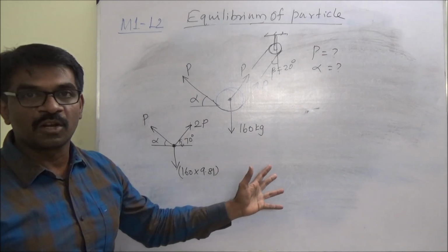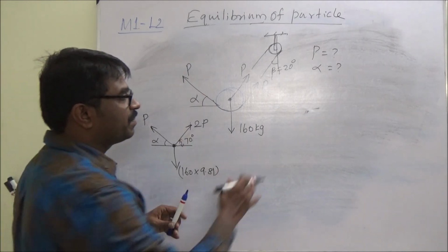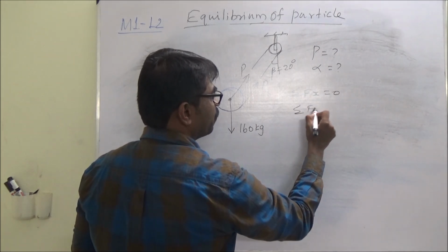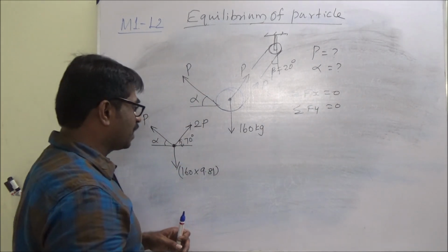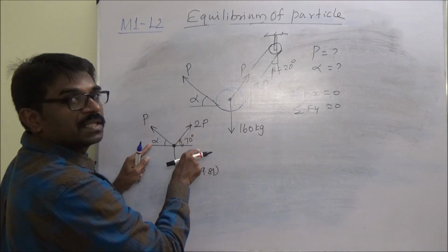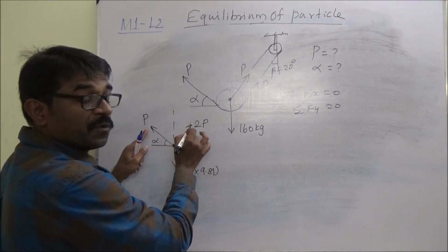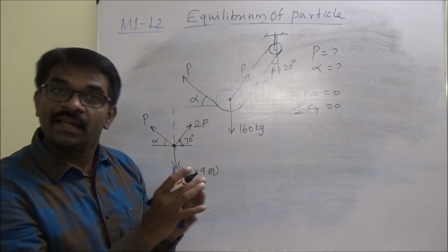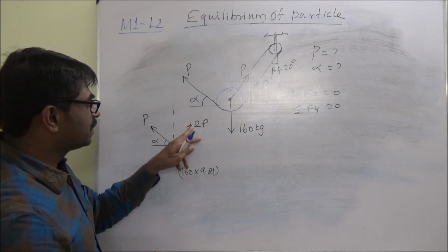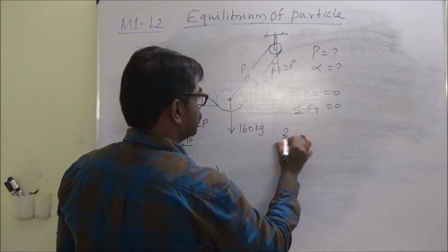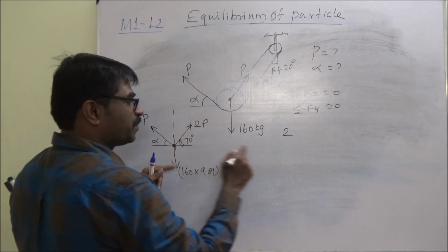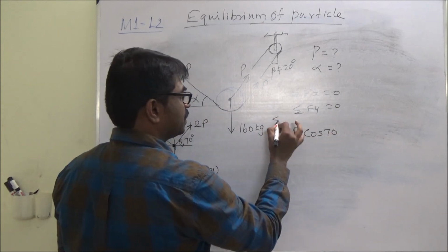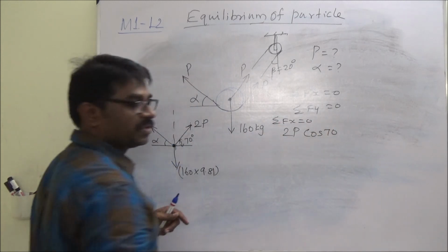I am going to form the equilibrium equations. So what is the equilibrium equation? We know summation of fx equal to 0, summation of fy equal to 0. So summation of fx equal to 0, I have to resolve these forces into horizontal and vertical components. So the right side is positive 2p cos 70. This is summation of fx equal to 0.